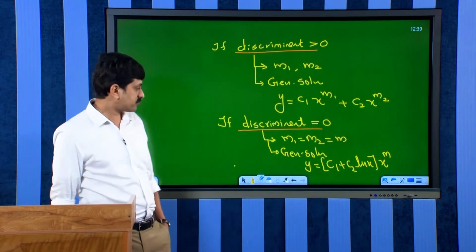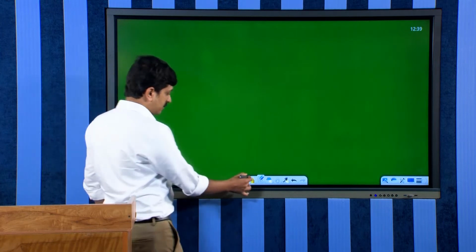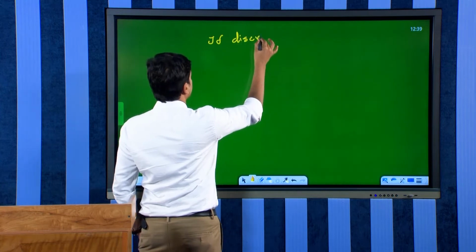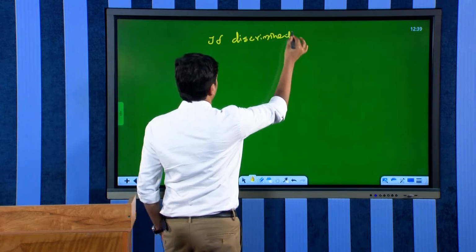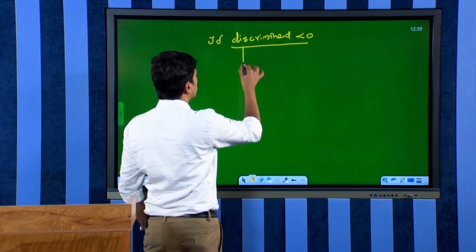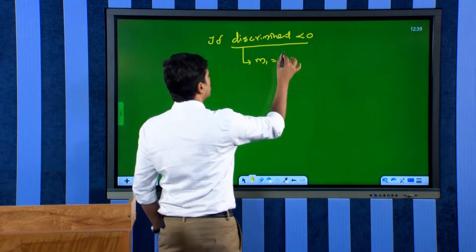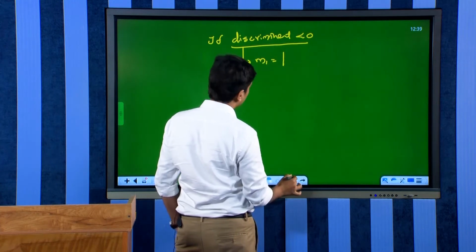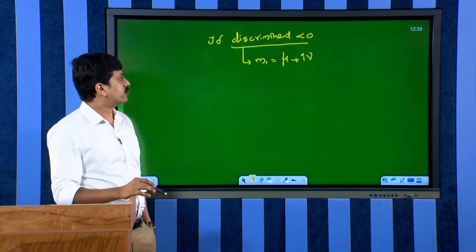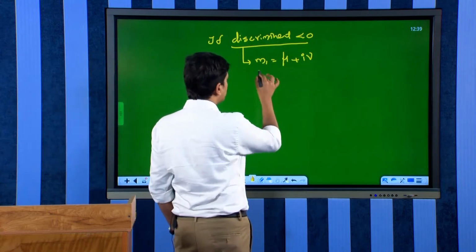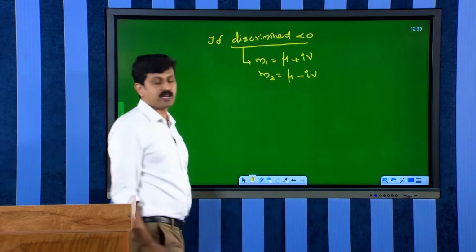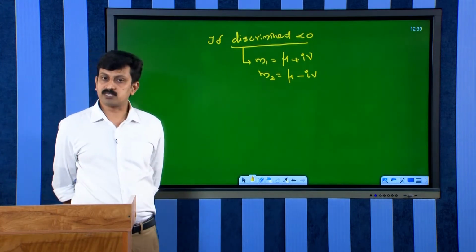Okay, fine. So the third case is if the discriminant is less than 0. In that case, the roots are m1 is equal to p plus iq, or for convenience I would like to take it as mu plus i nu, and m2 is equal to mu minus i nu. The roots are complex conjugates.